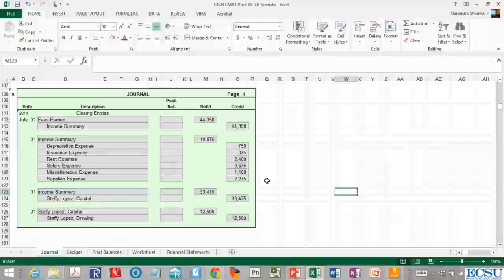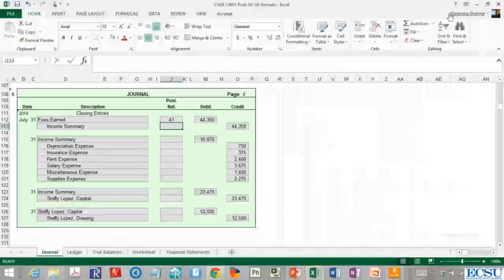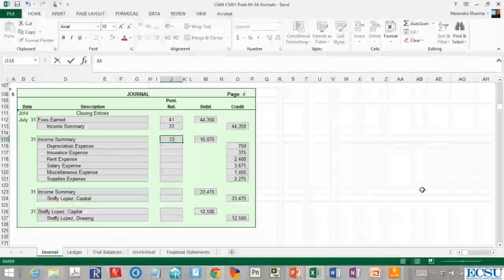Now we are going to post all these. The fees earned is 41. If you see your problem statement, income summary was 33, and then income summary again is 33.